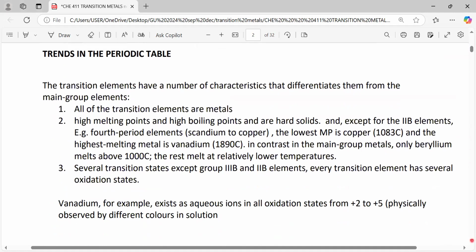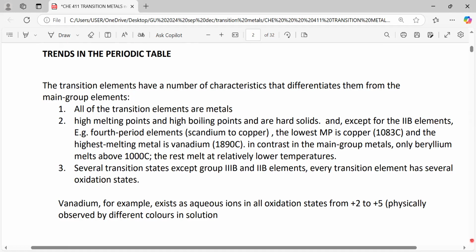So the next thing we need to understand is the trends in the periodic table. Transition elements have a number of characteristics that differentiate them from the main group elements. The first characteristic is that all of them are metals. But when we look at the main group elements, we have gases, liquids, metals and non-metals, whereas in transition all are just metals.